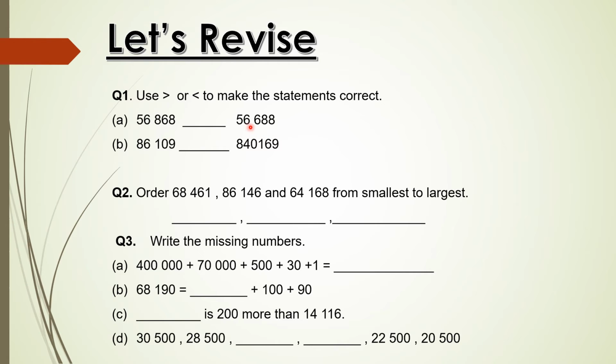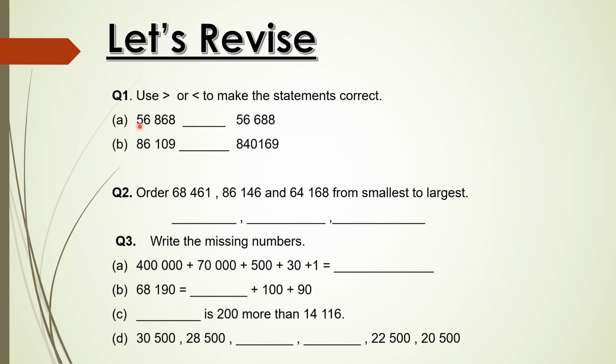56,868 and 56,688. So which one is bigger? I've already explained this: you first look at the very first digit of both the numbers.